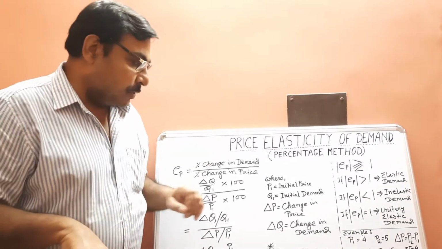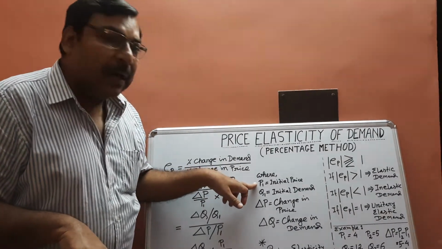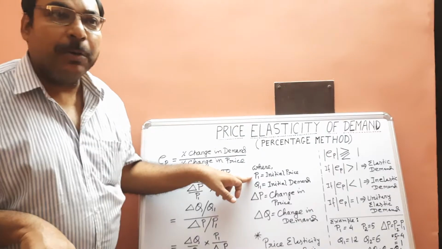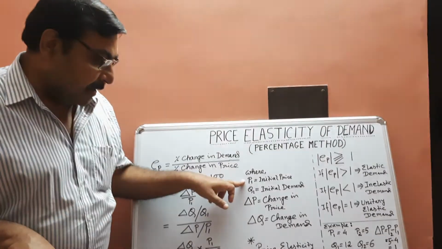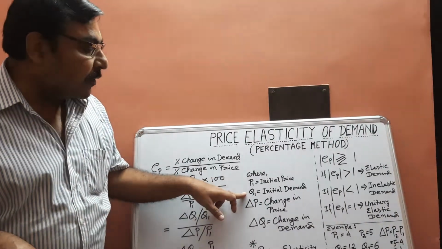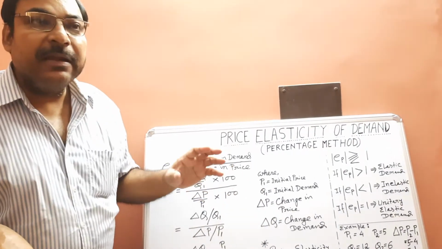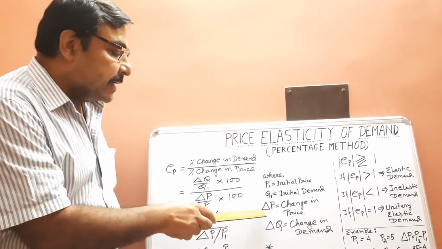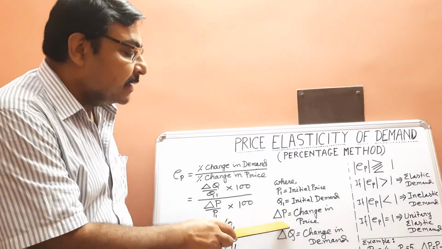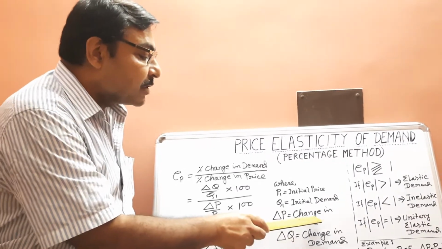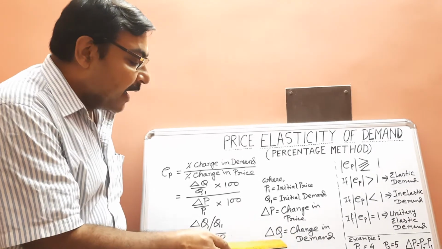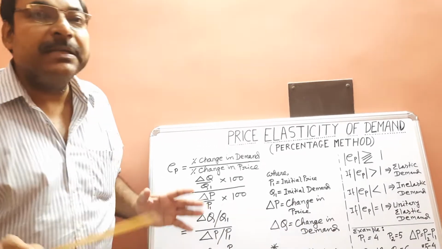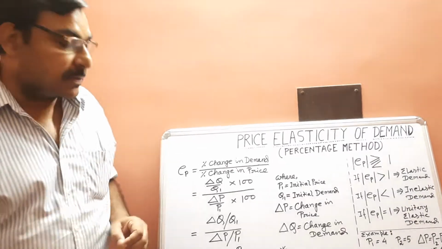Let us suppose P1 stands for the initial price of the commodity and Q1 stands for the initial demand for the commodity. Delta P stands for change in price and delta Q stands for change in quantity demanded. We will use these terms.